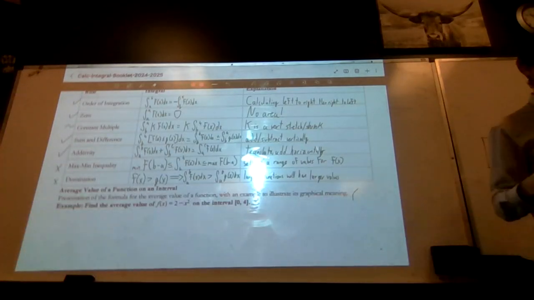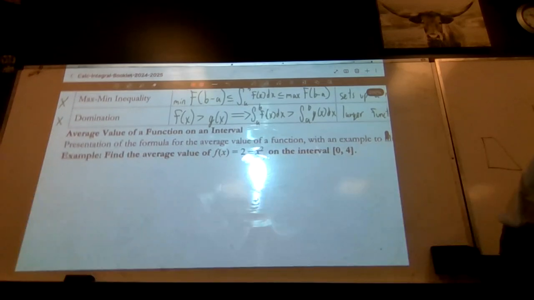And with integration, we are given this formula here of 1 divided by b minus a times the integral from a to b of f of x dx.